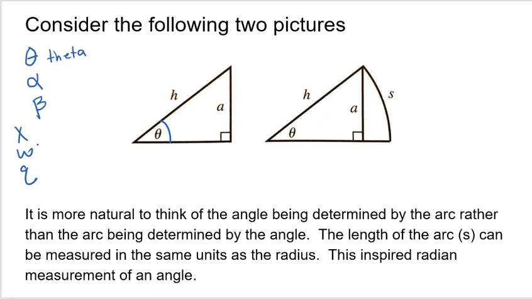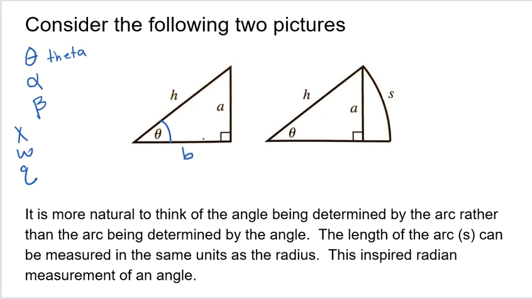Great, wonderful. So I have this angle theta, and across from it is a length A and a hypotenuse H, and we could call the other base down here B. You guys are very familiar with the Pythagorean theorem, A squared plus B squared equals H squared.